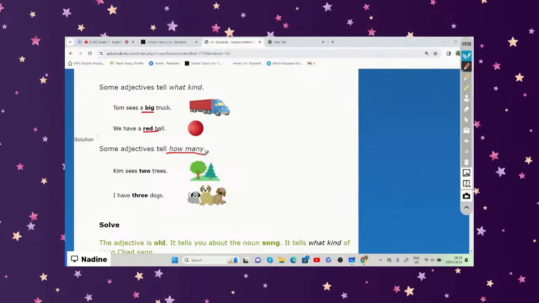Kim sees two trees. So it's like asking yourself, how many trees do you see? Then we say two.